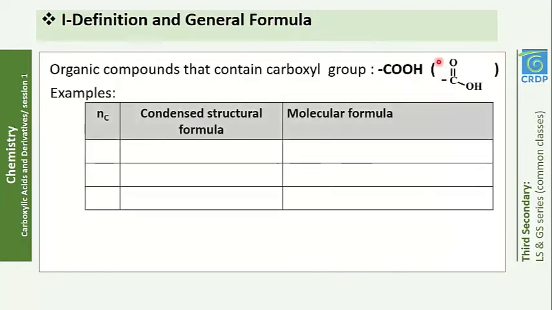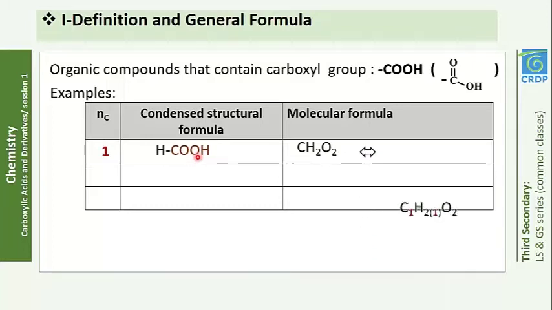Let us try to write the condensed structural formula and molecular formulas of the first three carboxylic acids. The first carboxylic acid contains only one carbon atom, so its condensed formula will be HCOOH, and thus its molecular formula is CH2O2.